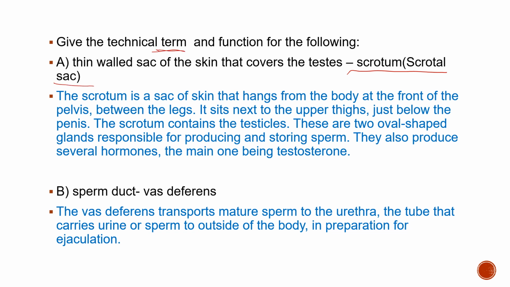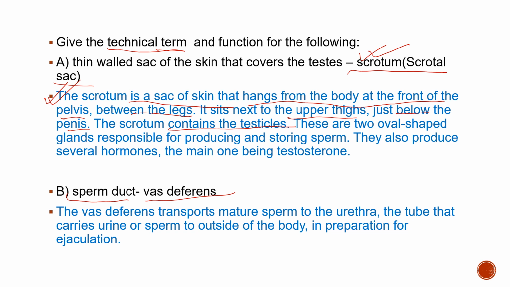So first we are telling the technical term, then we will come to the function. Okay, the next one is the sperm duct, that is technically called the vas deferens. Now what is the function of this scrotal sac or scrotum? Now we all know that the scrotum is a sac of skin that hangs from the body at the front of the pelvis and between the legs. Now it sits next to the upper thighs just below the penis, and the scrotum contains the testicles.